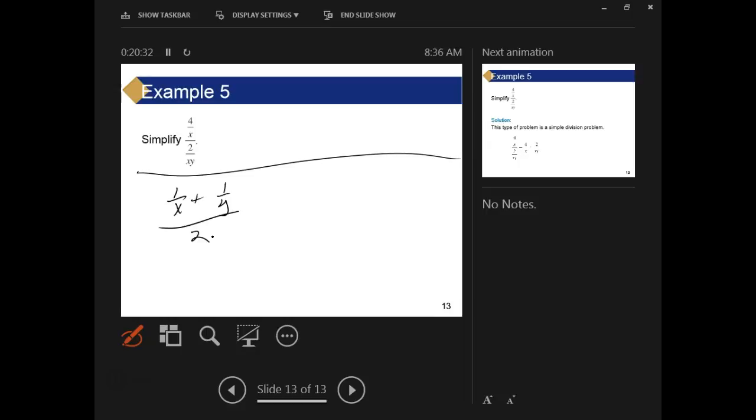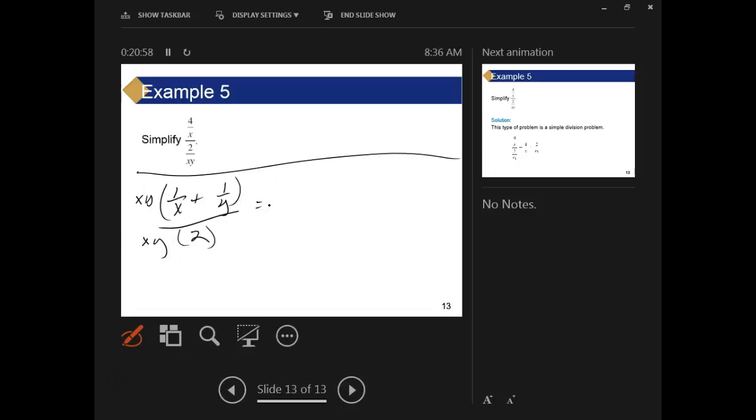How do you want to multiply by 1? Common denominator? What would that be? XY. And then what do you do with that XY? Multiply by the numerator. Okay. Multiply the numerator by XY, but then you also have to multiply the denominator by XY.